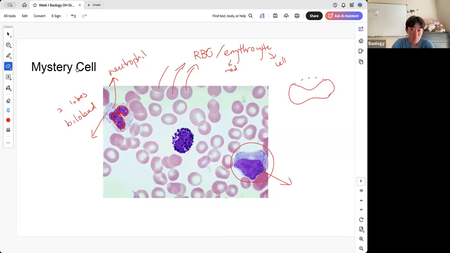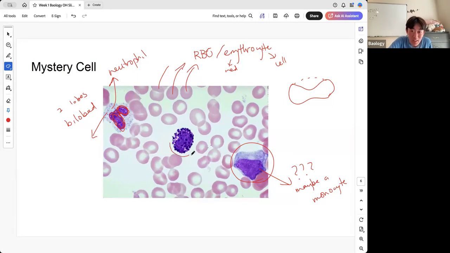It does not really look like a lymphocyte. I feel like lymphocytes are cuter. Okay, Joseph says it's a monocyte. Let's say this is maybe a monocyte. That's also a type of immune cell, but I'm not going to talk very much about it because I don't know what it is for sure.